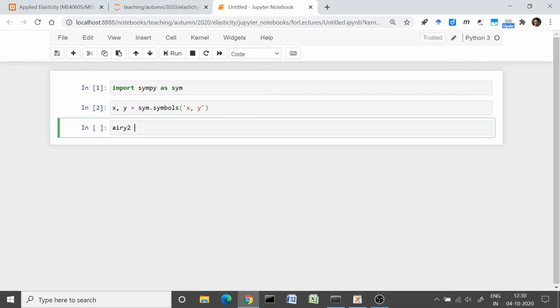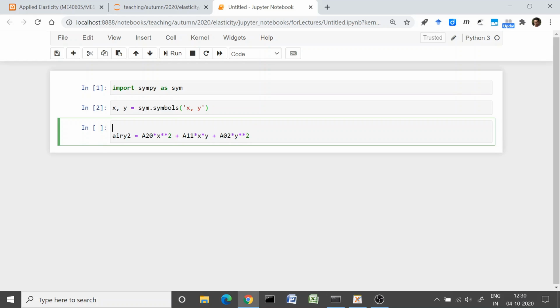So first of all, the 2nd degree polynomial will have a20 x square plus a11 x into y plus a02 into y square. Of course, these a20, a11 and a02 have absolutely no meaning currently, so we need to define them first.